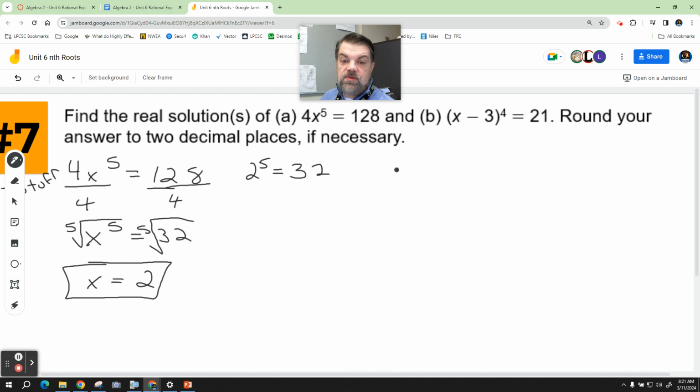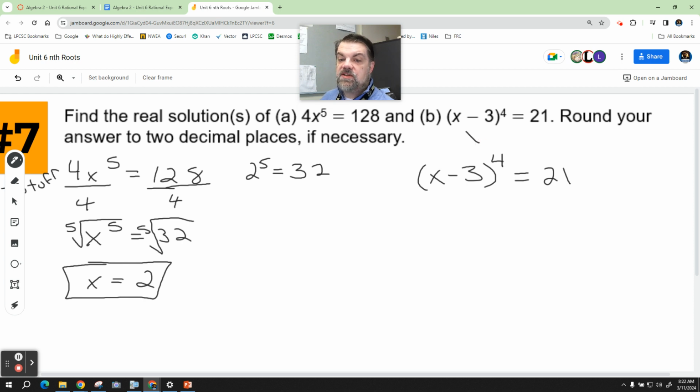So now on the next one, these are a little trickier because it's not as cookie cutter. You got to think on your feet. So what do you think we need to do first? Well, there's a 3 and a 4 that I need to work with.